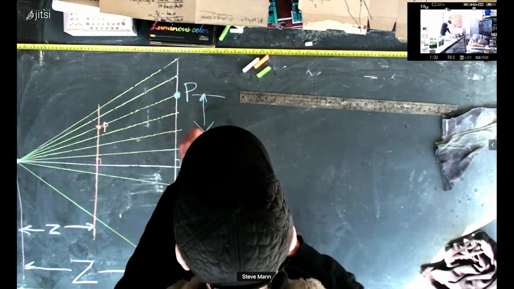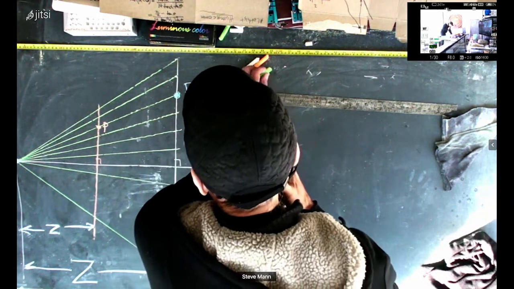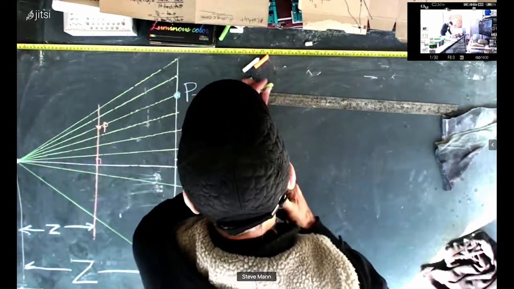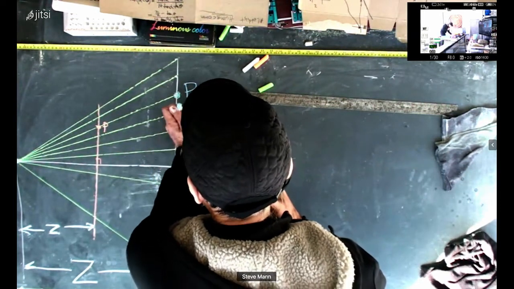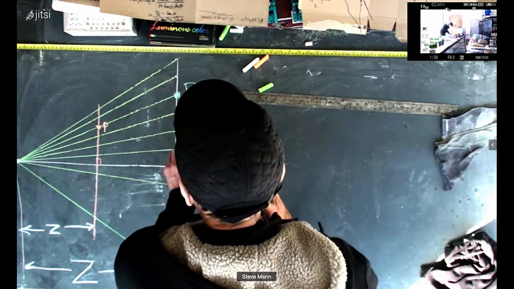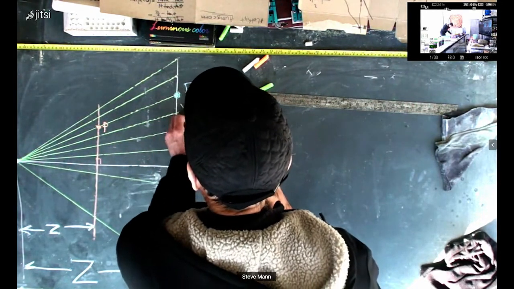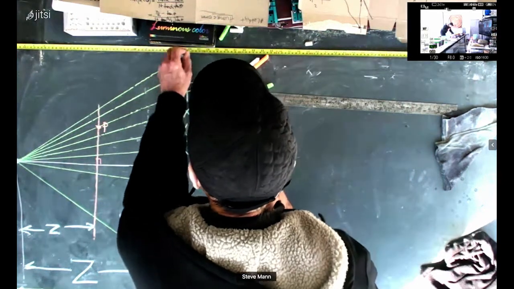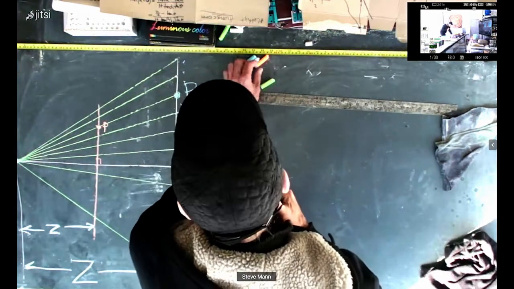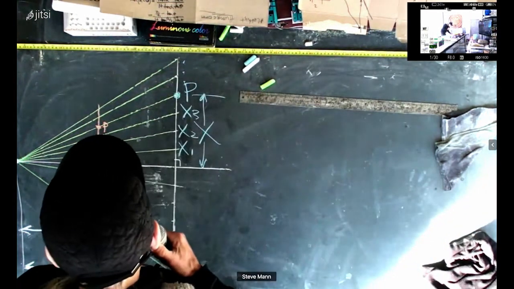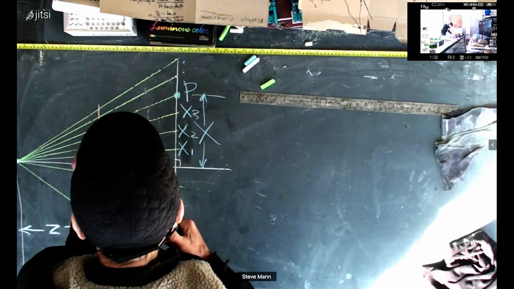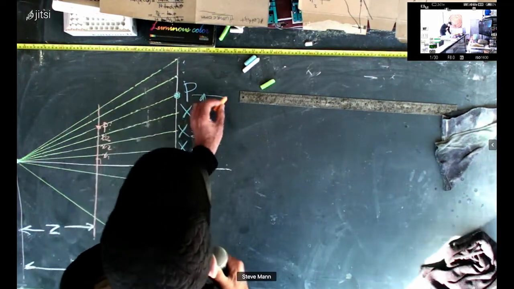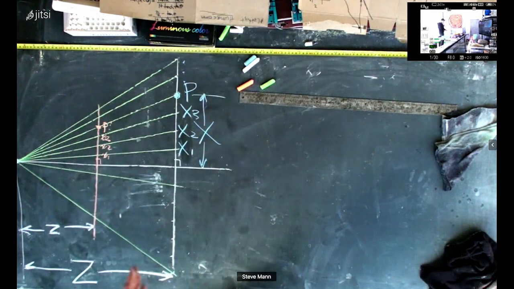And so that we have here point P, and we might have more generally big X1, big X2, X3, and so on. And then when that gets imaged down, this goes to little x1, little x2, little x3, and so on. And so those points all map in this way, in a very simple way.